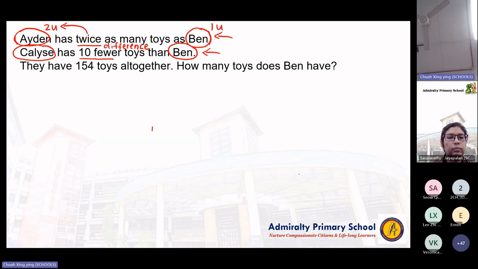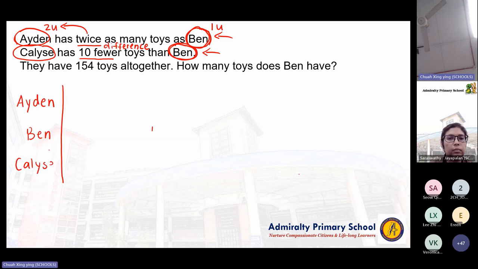It's Ben. Ben is used to compare with Aiden, and also with Kelly. So we will advise our children to put Ben in the middle so that the comparison is straightforward.